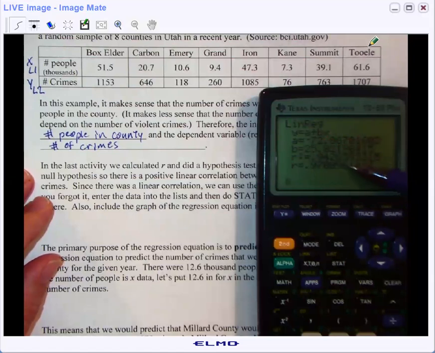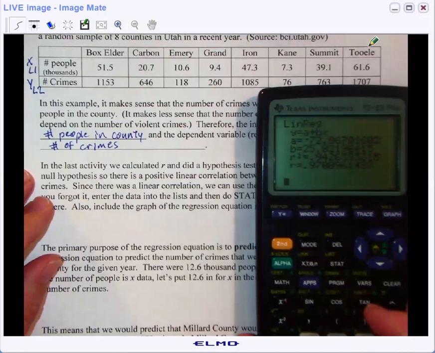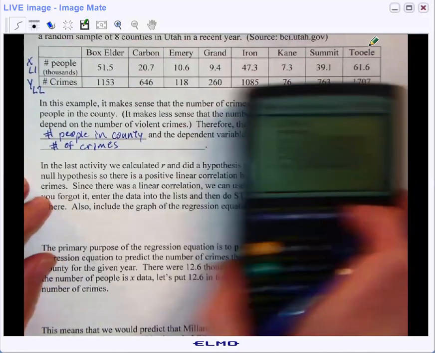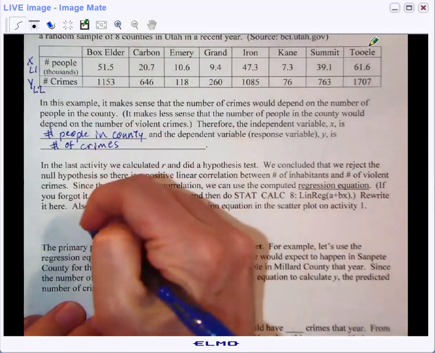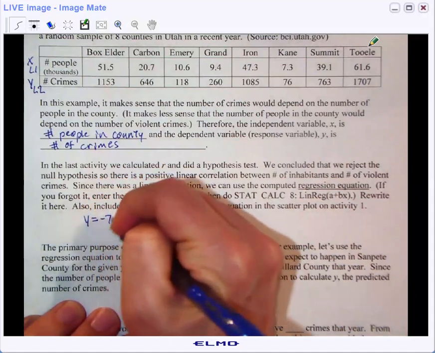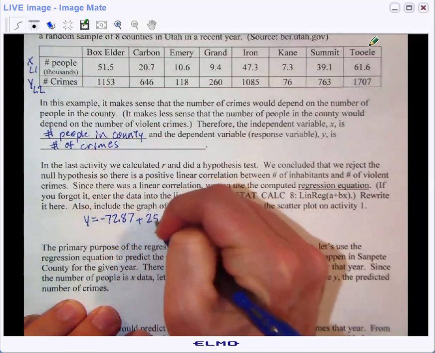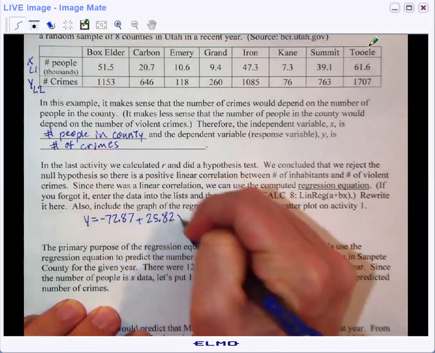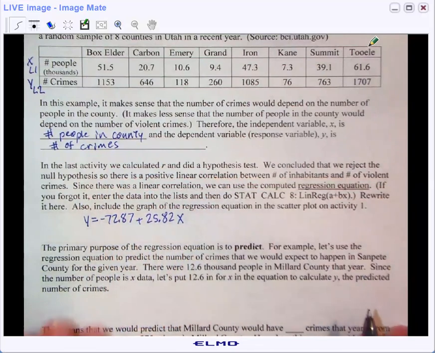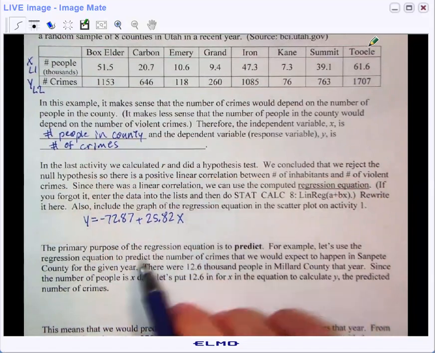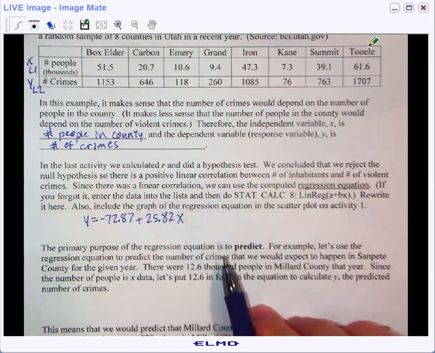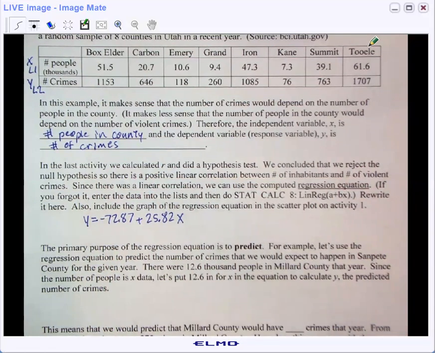Last time we talked about R and R squared and how to interpret those. But let's write the equation down here: Y equals negative 72.87 plus 25.82 times X. And as mentioned, the primary purpose of regression equations is to make predictions.